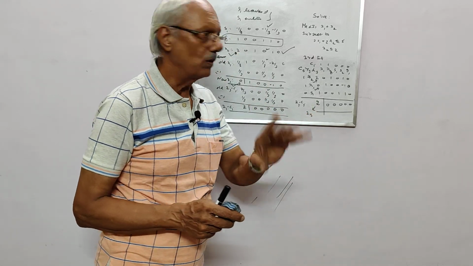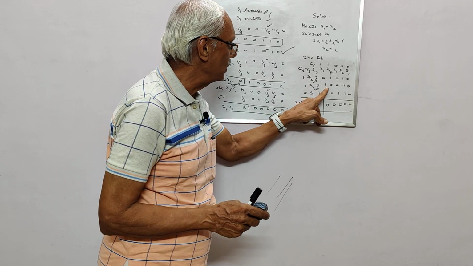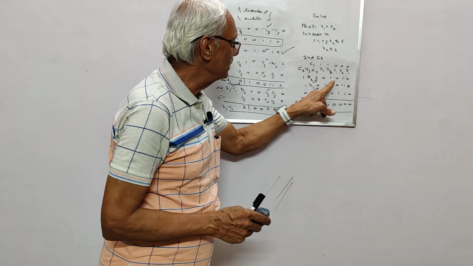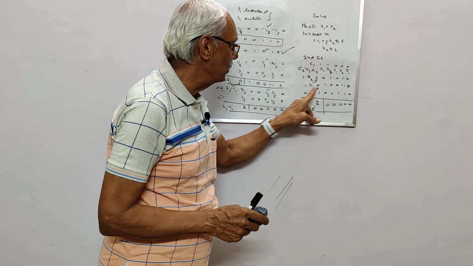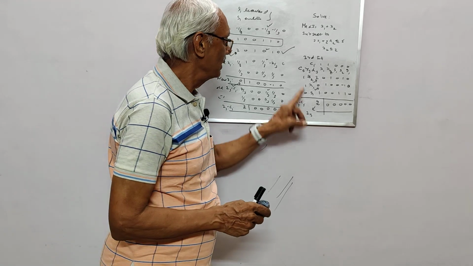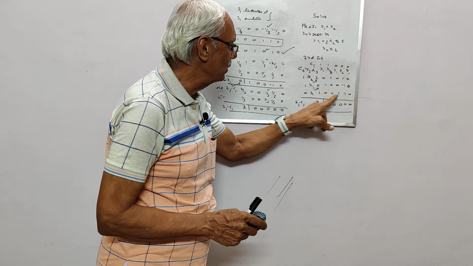So 2 we have got. 1 into 0 is 0, 1 into 1 is 1, 1 minus 1 is 0. 1 into 1 is 1, 1 into 0 is 0, 0 into 0 is 0, 1 minus 1 is 0. Then 1 into 0 is 0, 1 into 0 is 0, 0 into 1 is 0.